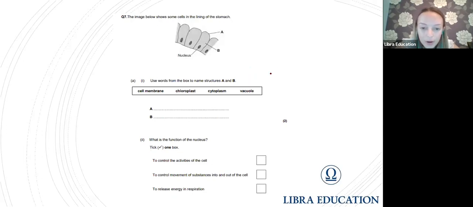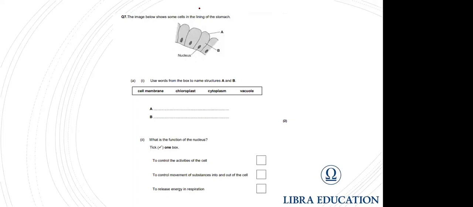Actually, I'm not sure if I'm on the right page. Sorry, my laptop has frozen, but I'm not sure if you can see the plant cell question or potentially the stomach question. I'm not sure if anybody's able to unmute me and let me know if you can see something. We can see this. Oh, I'm so sorry.